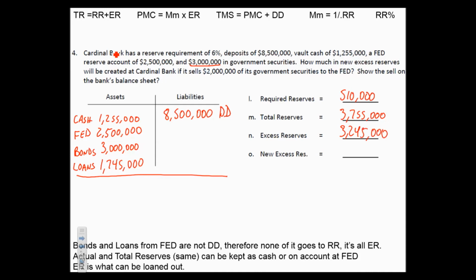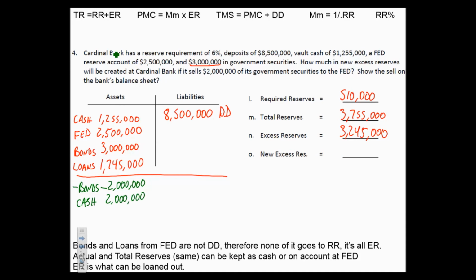Now, they're going to sell some of the bonds. Okay? So basically what we're going to do here is we're going to sell 2 million of the bonds. Okay? So that means they reduce their bond holdings. I should put that over here. Okay, so they're reducing their bonds by 2 million. And what are they replacing the bonds with? Not yet. When they sell the bonds back to the Fed, what's the Fed give them? Cash. Okay? So they're going to increase their cash holdings by 2 million.